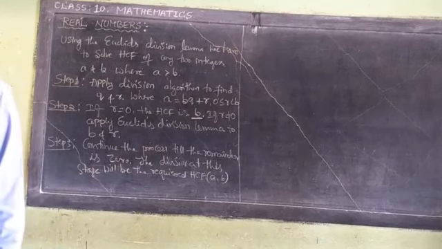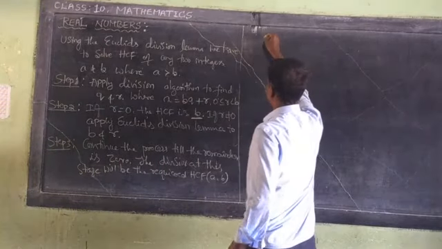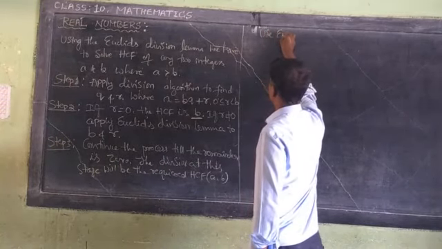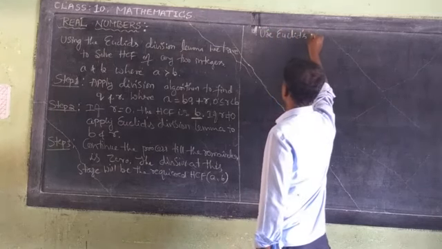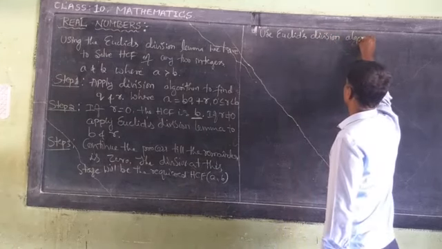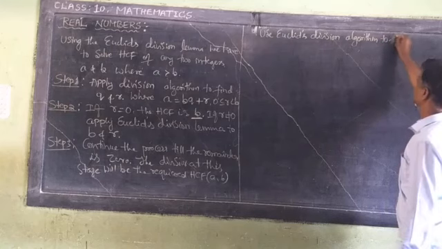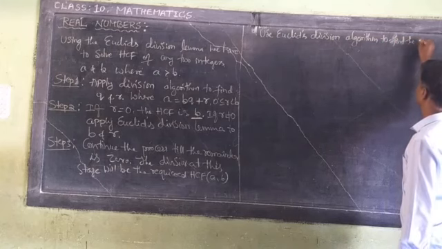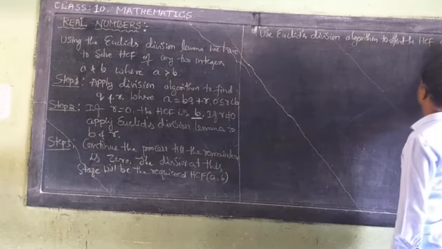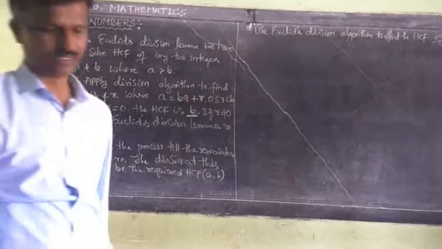Use Euclid's division algorithm to find the HCF of 225 and 135.